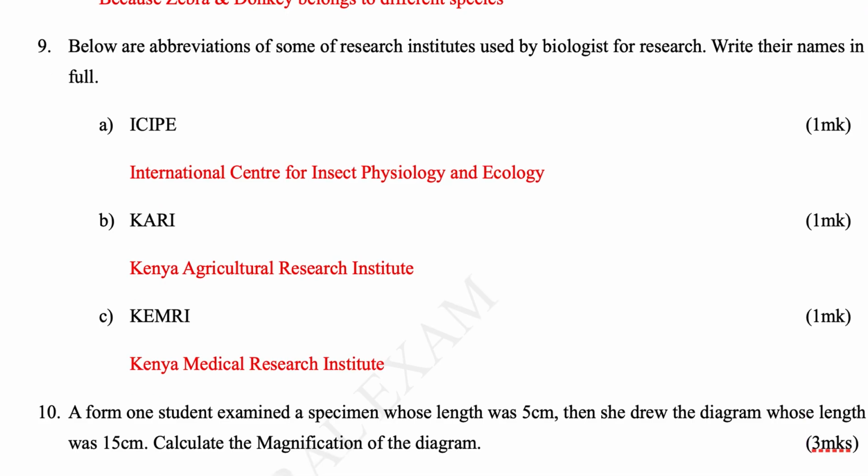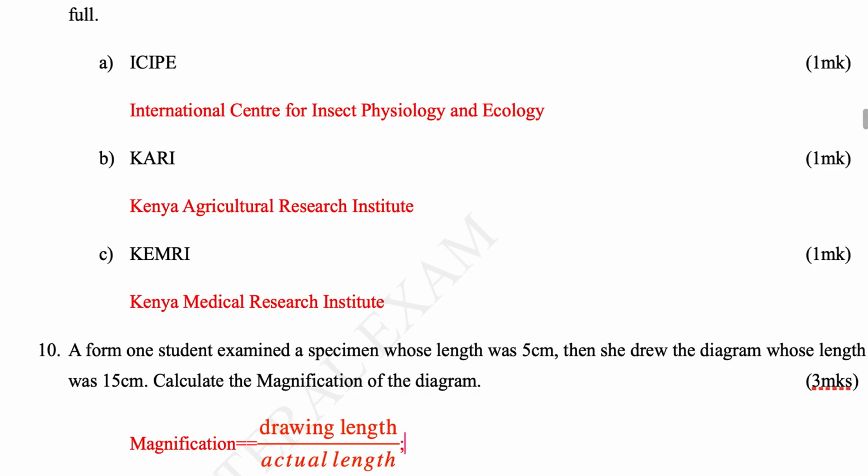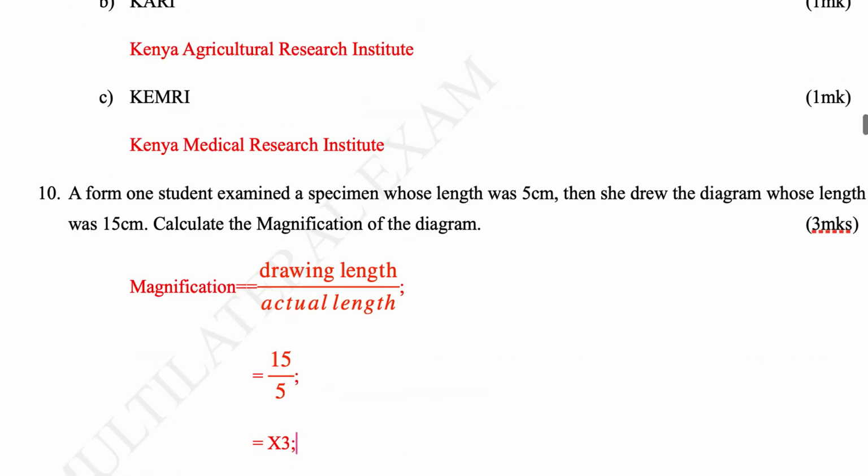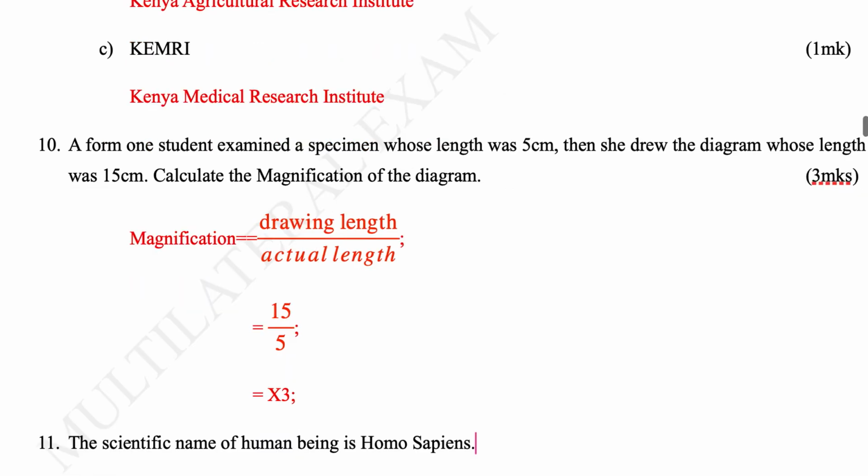Question 10. A Form 1 student examined a specimen whose length was 5 centimeters. Then she drew the diagram whose length was 15 centimeters. Calculate the magnification of the diagram. Magnification is equals to drawing length over actual length.